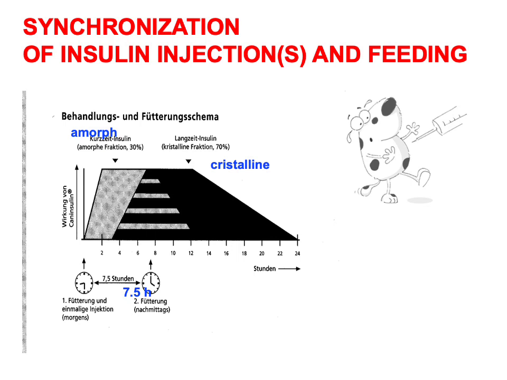The black color shows the crystalline fraction of the injection, and you see that this will slowly elevate in the blood, but in midday there is a good blood concentration of insulin from the remaining part of the amorph insulin, and the increasing concentration of crystalline.